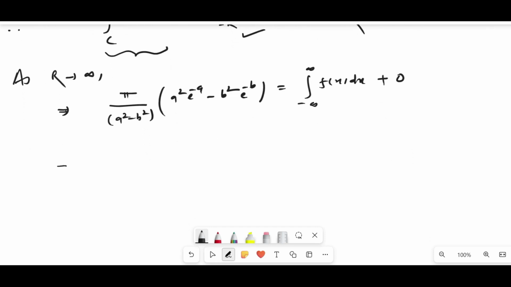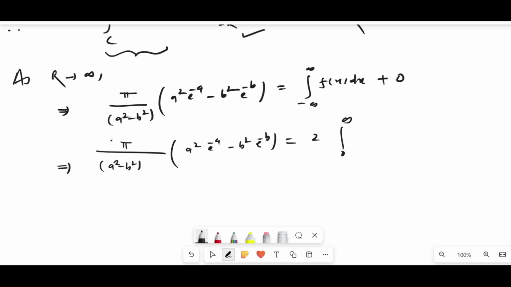So finally we can write here, so now pi upon (a squared minus b squared) times (a squared e to the power of negative a minus b squared e to the power of negative b) is equal to 2 times the integral from 0 to infinity of f of x dx.